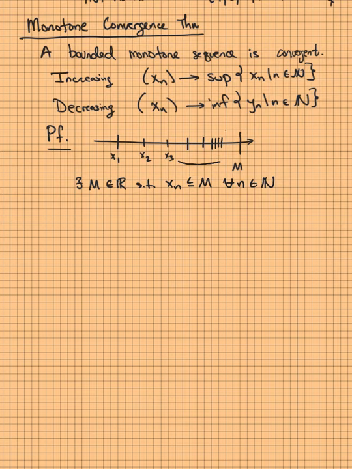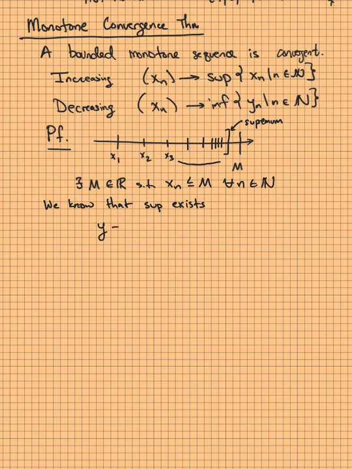And then what the theorem is saying is that they have to end up converging to the supremum of the xn's. What the real numbers give us is that the supremum exists. So let me label this.